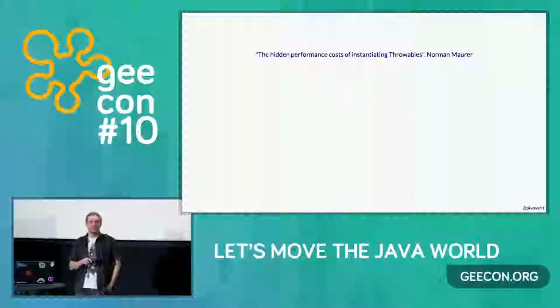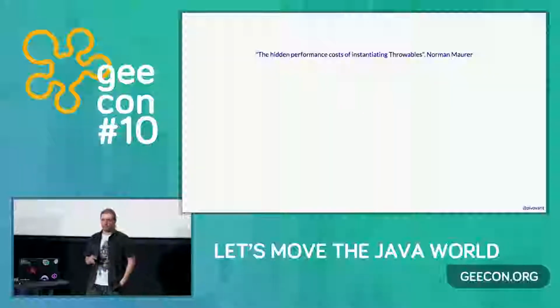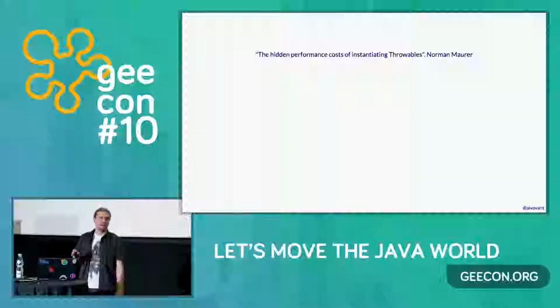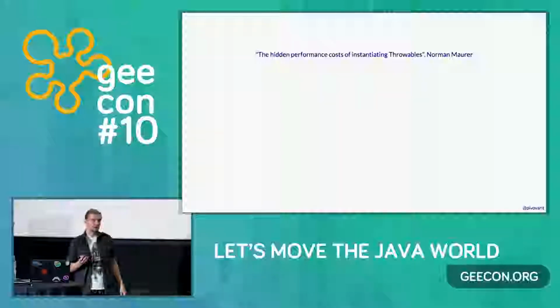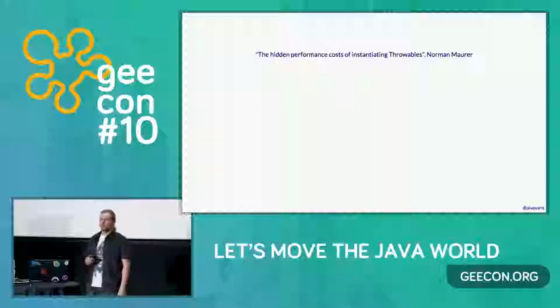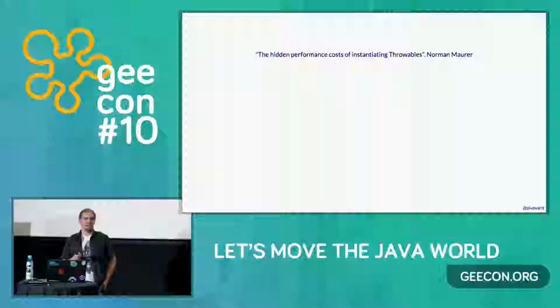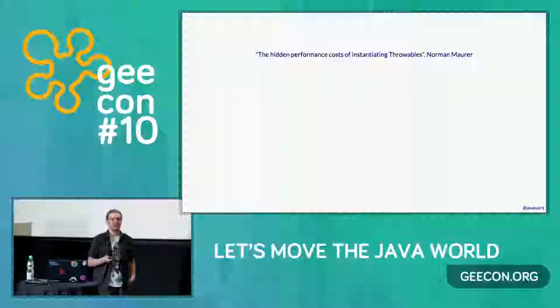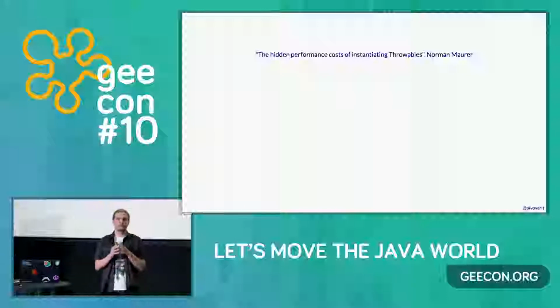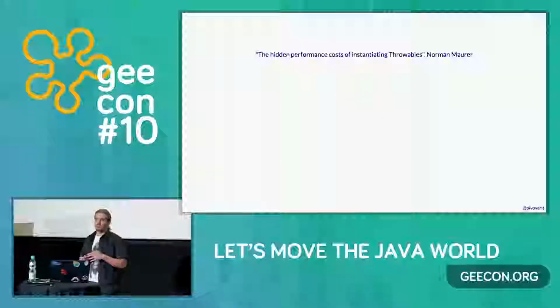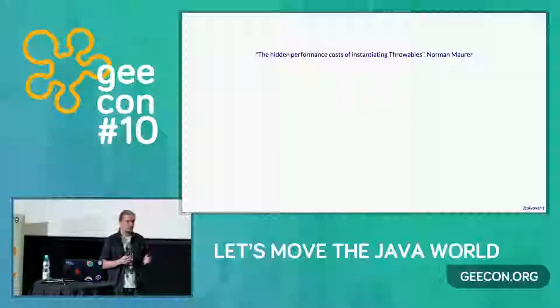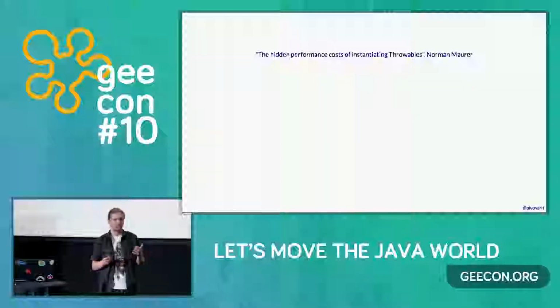So, since Netty focuses on performance as much as possible, they started experimenting what they could do with exceptions, since they are quite costly to instantiate. So Norman started experimenting with benchmarks at the beginning. So he created 3 different scenarios. First, included pretty much creating exceptions and throwing them.